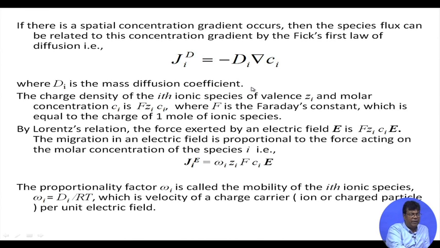Now, it can differ if you have interaction between two ionic species i and j, so D_i can have a dependence. Here we avoid that and we consider that D_i is the diffusion coefficient for the ith ionic species.